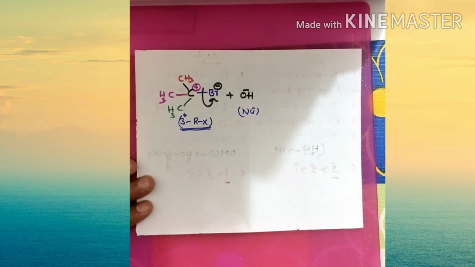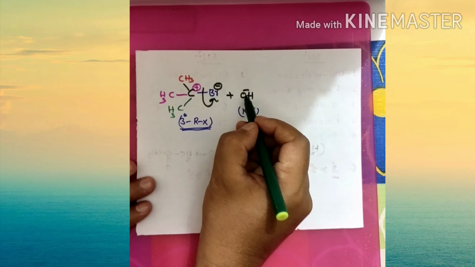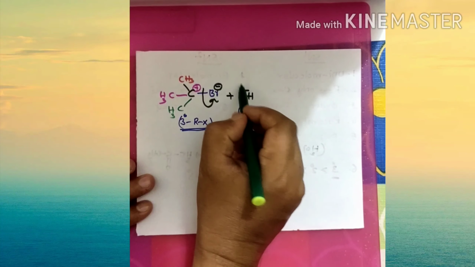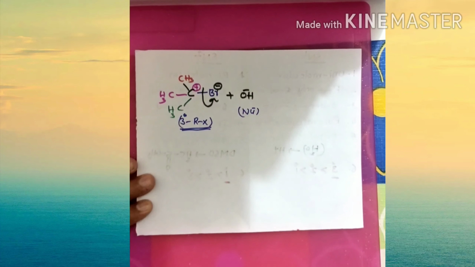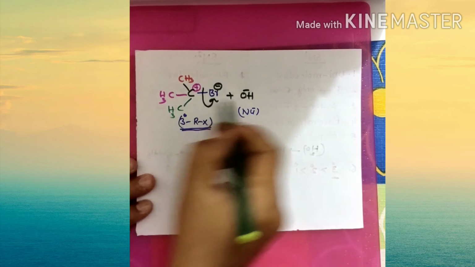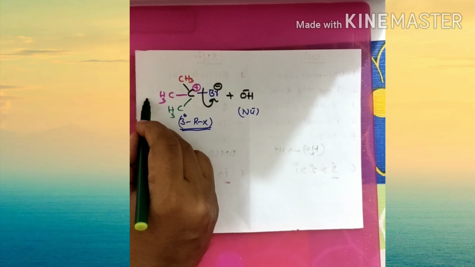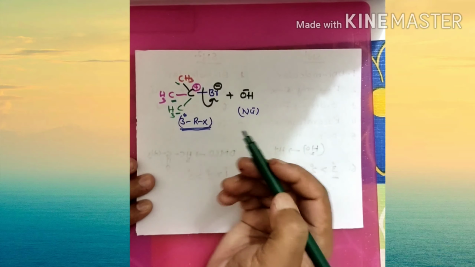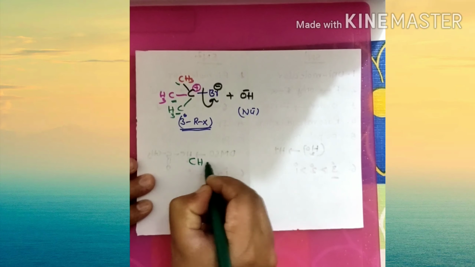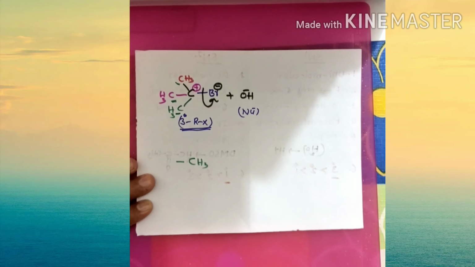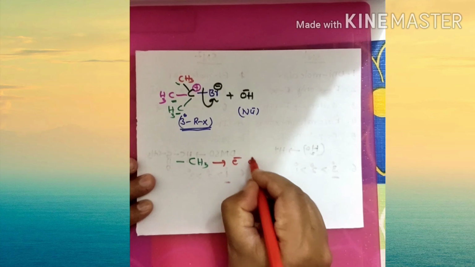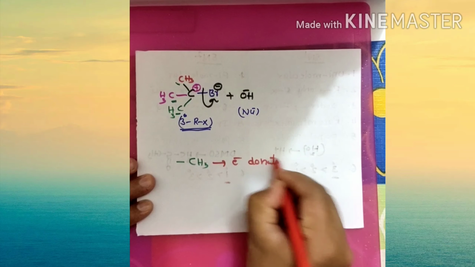Now if this OH minus moves to attack, it has to come from the backside, because in SN2 the attack is from the backside. While it is coming to attack from the backside, here are CH3, CH3, CH3. Three CH3 groups are there. The CH3 group is an electron donating group.